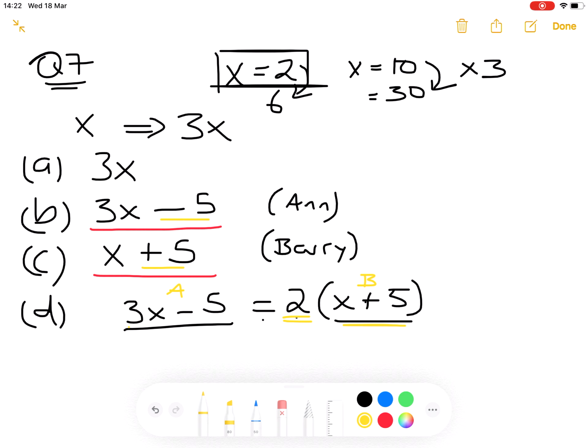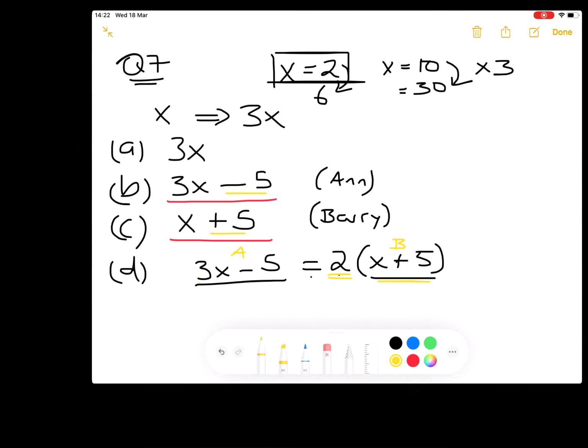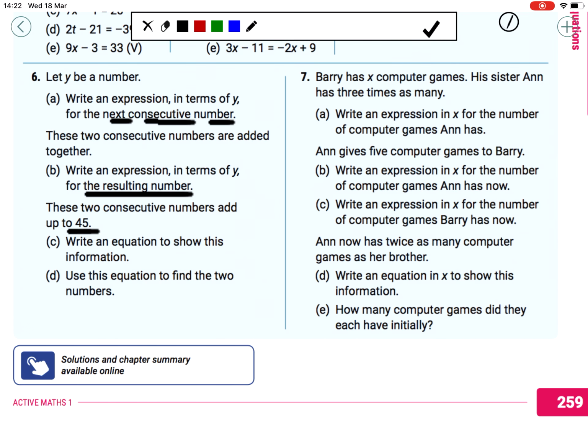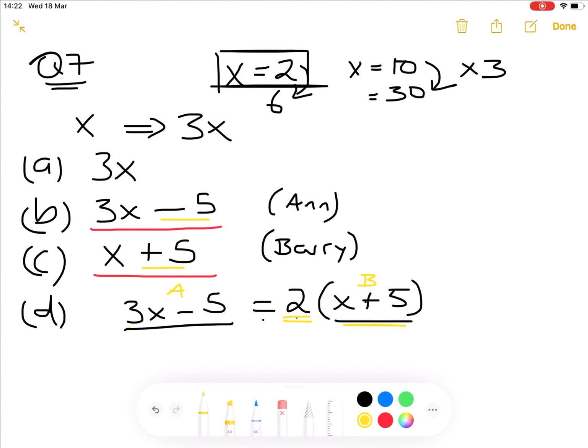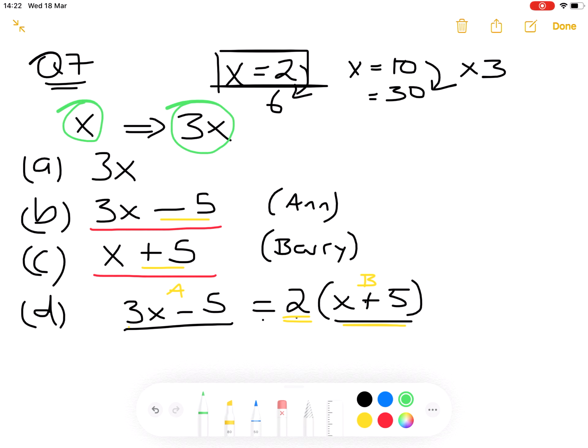So to finish that off, part E asks, how many computer games did they each have initially? So I want to know the value of X, which was Barry's number of games at the very start, and I want to know the value of 3X, which was Anne's number of games at the very start.